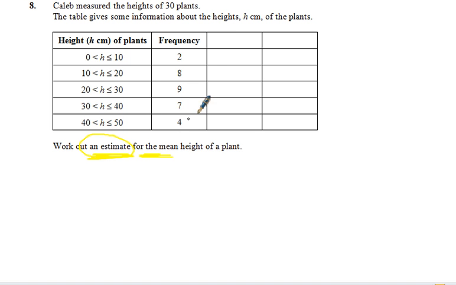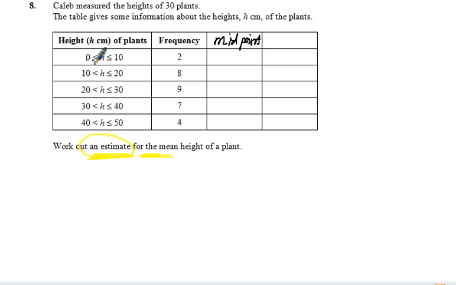So that's why we have to estimate that the height of plants for each interval will be the average for each interval. So we will be calculating the midpoint of each interval, and that's why you've been given these additional columns here.